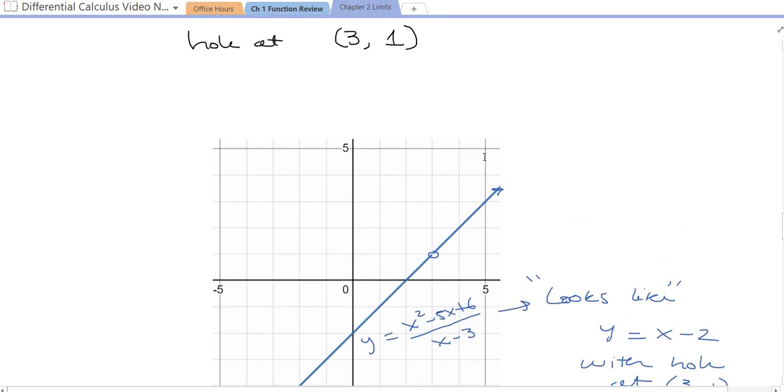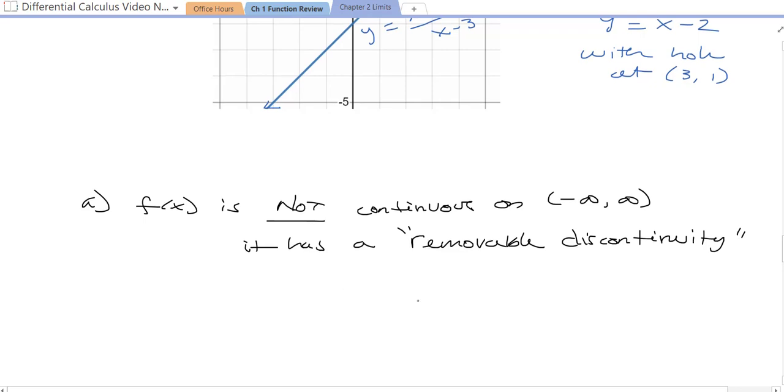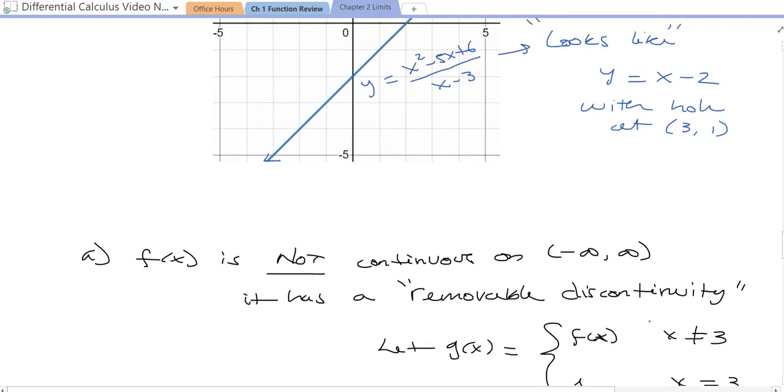Removable meaning that you could redefine the function to fill it in. Right, so I can say let g of x equal our f of x above when x is not equal to 3, and we can define g of x to be 1 when x is equal to 3.